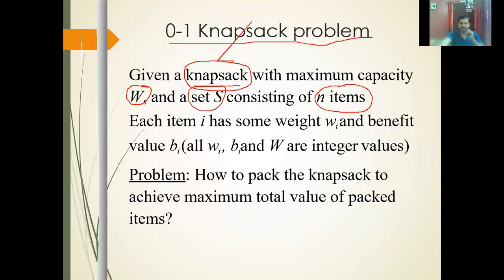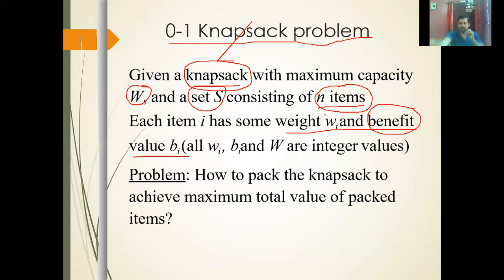Those set of items I can call S, and the number of items can be N. Each item in that set is associated with a weight as well as a profit value. In some textbooks they call it profit, and in some they call it benefit.